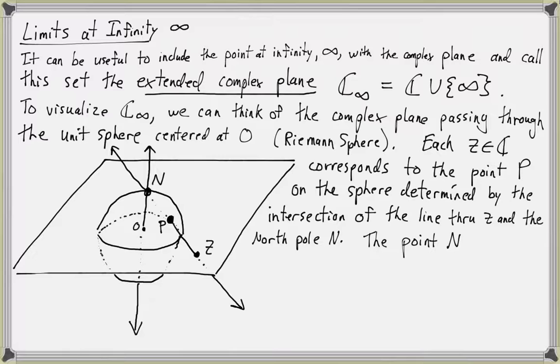So the north pole corresponds to the point at infinity, and we see that this correspondence now gives a one-to-one correspondence between the extended complex plane and points on the Riemann sphere. So this correspondence is called stereographic projection, and we attribute this first to Bernard Riemann.